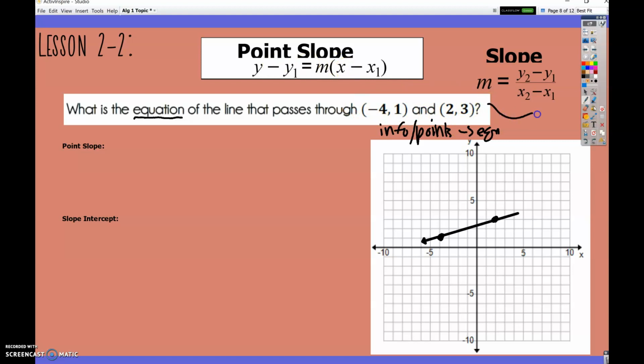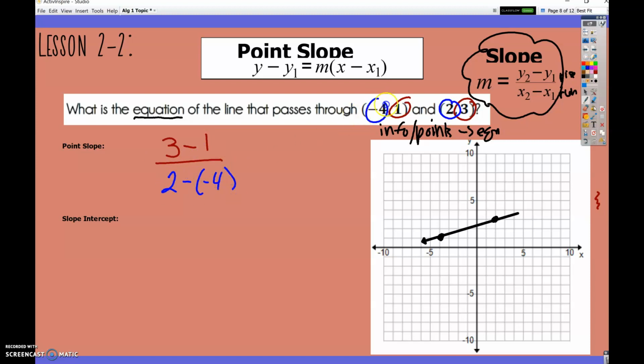So we're going to go back to an old formula you may have seen before. Subtract your y values for the rise and subtract your x values in the same order for the run. My y values are the second ones listed. So I would have, if I call this my second point, 3 take away 1 over my x values of 2 take away -4.